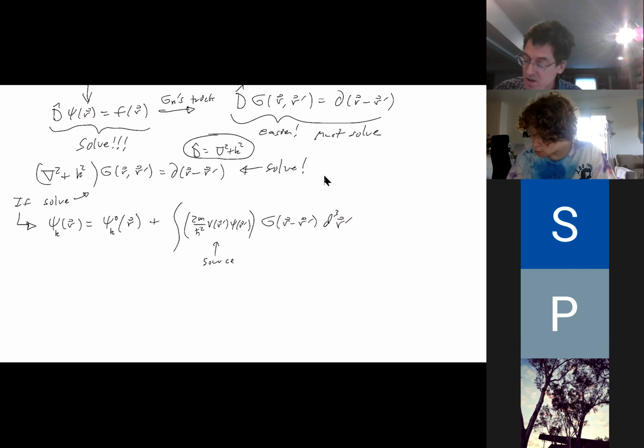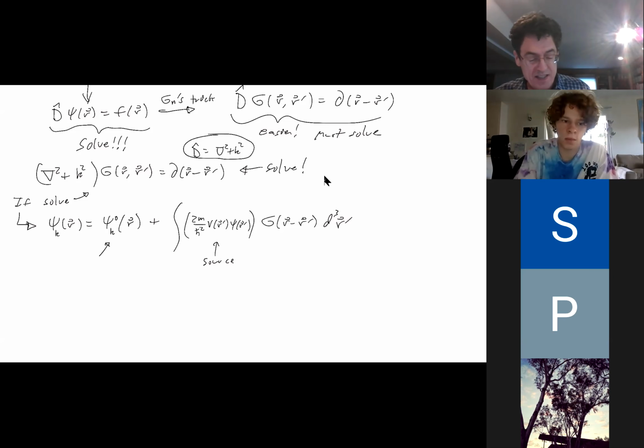The solution of the Schrodinger equation, and this is going to be the homogeneous solution. What is this the solution for? Psi naught of k. That's the solution for when the potential v of r equals 0.